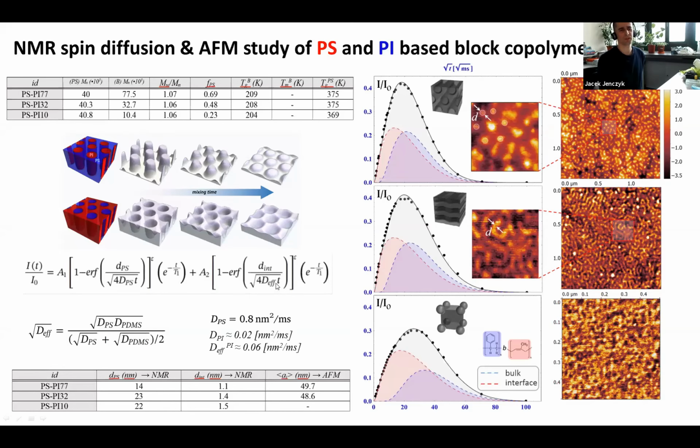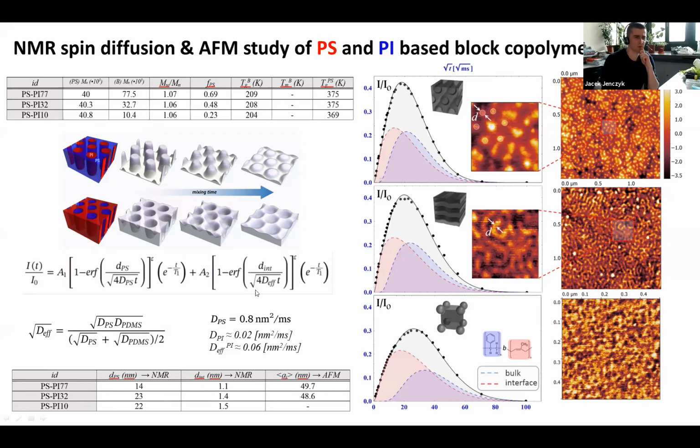What we can expect is that in a bulk system, the spin diffusion coefficient for polystyrene is nicely defined. However, within the interface, where both different types of polymers interact significantly, the effective spin diffusion coefficient is very much different. And this effective spin diffusion coefficient might be defined using the Mellinger formula.